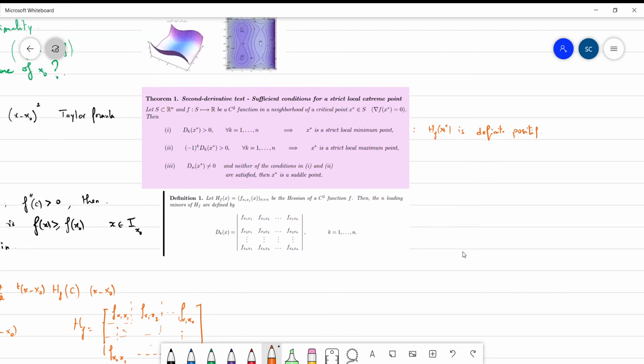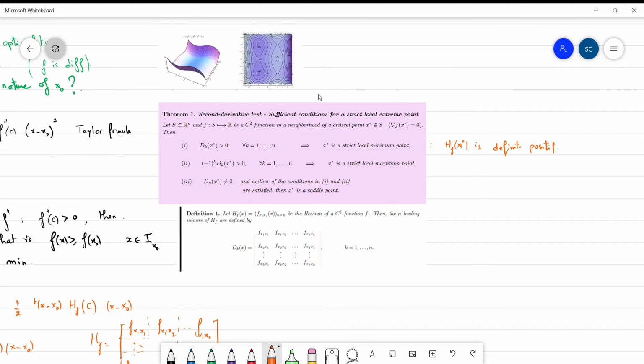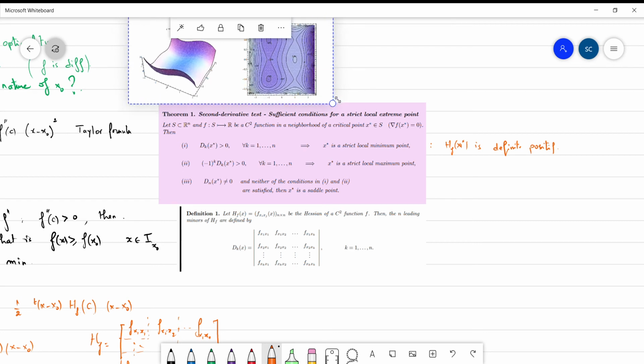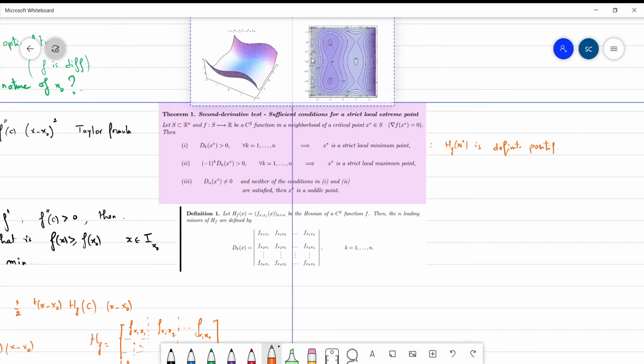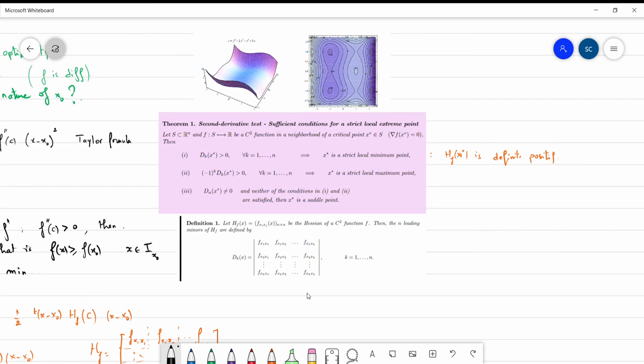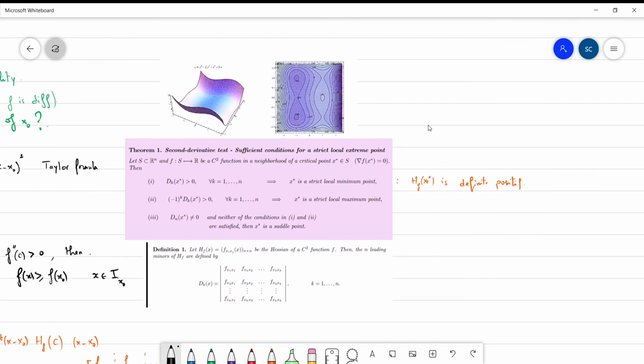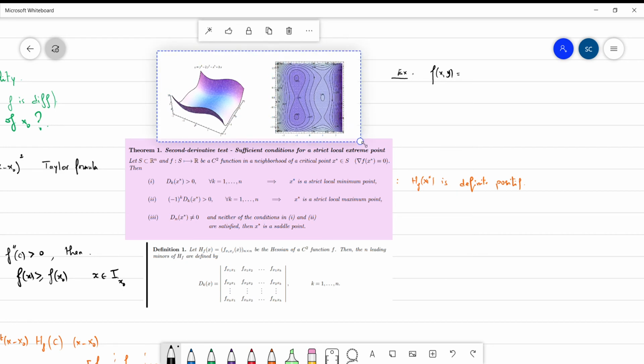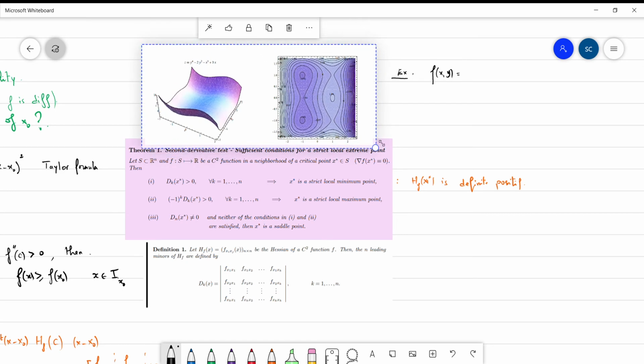One example that we will see. Yes, this is the function, and let's put it bigger here. Okay, so let's solve the following example. Here is my function f(x, y). Let's put it bigger so you can see the values.